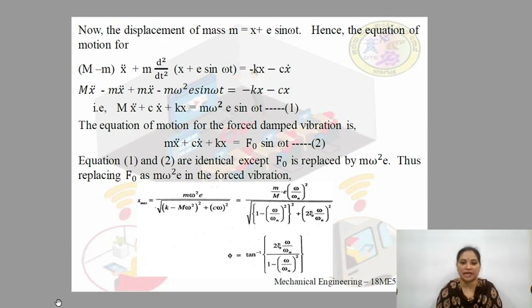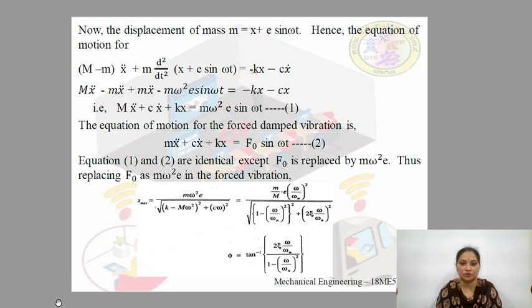So they cancel each other and the equation reduces to capital M x double dot plus c x dot plus kx equals m omega square e sine omega t, where the c x dot and kx terms are taken to the left hand side and the inertia term to the right hand side. Let us call this equation number 1.